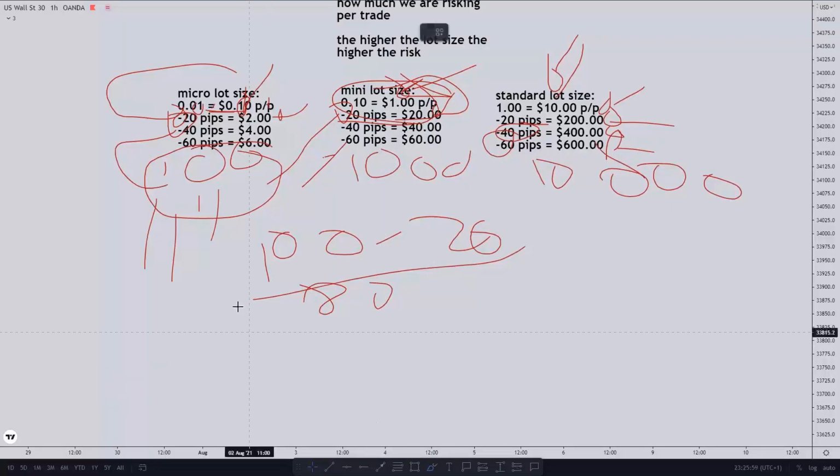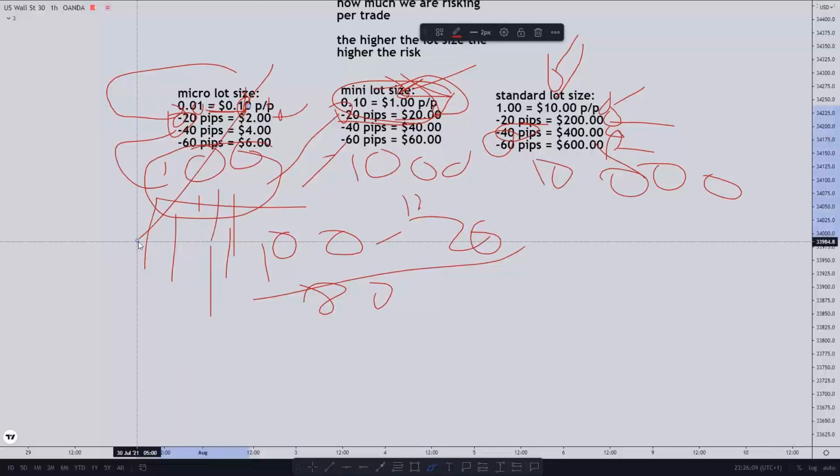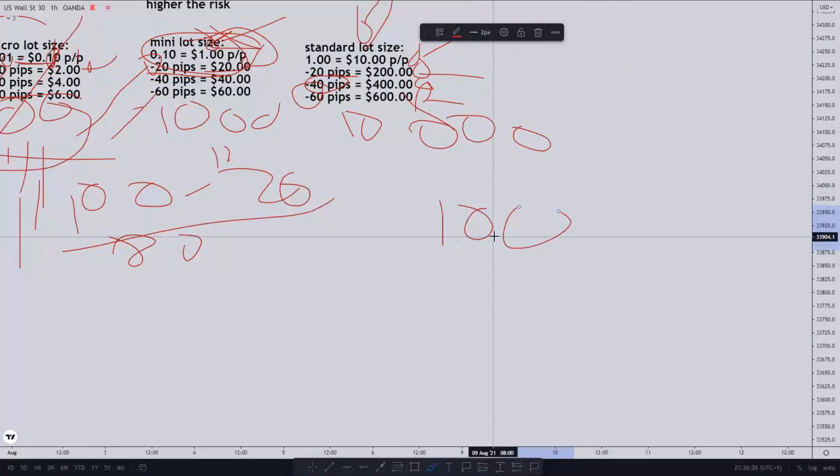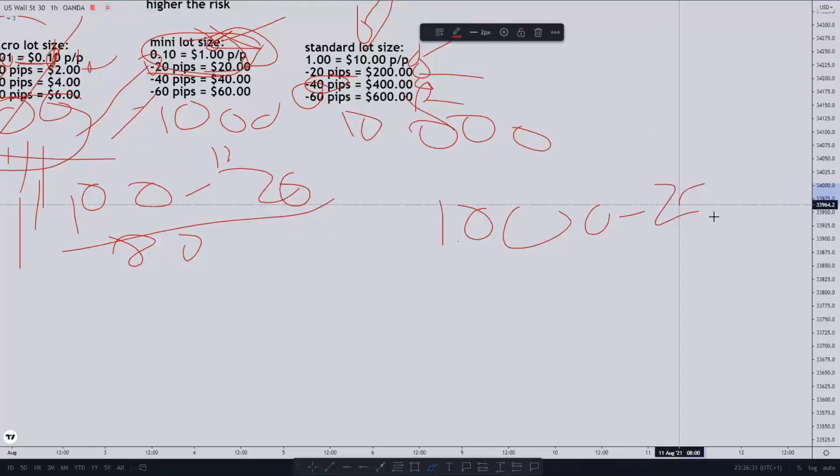So if you have a $100 account, why risk $1 per pip when you know that you can get wiped soon? Same thing here. If you have a 1K account, and you take a trade with a standard lot size, let's say the account is 1,000, and now you're down by $200 because you were risking 20 pips.